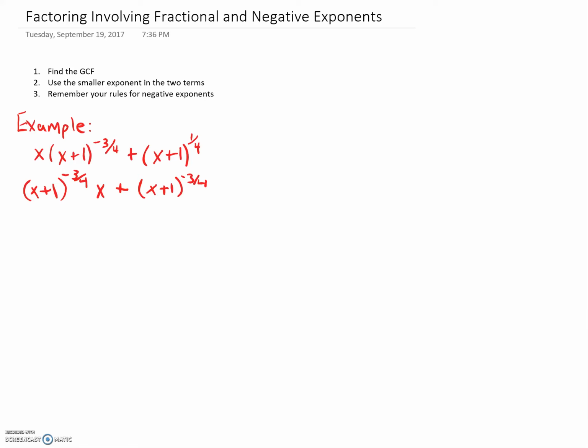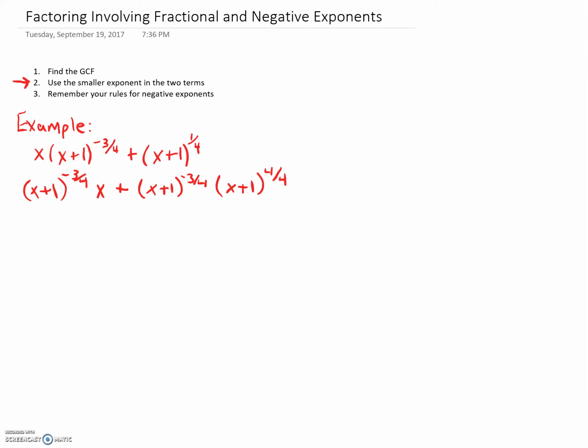Now, to get 1/4 when we multiply these, we will multiply this by x plus 1 to the 4/4. Because if you remember your rules, negative 3/4 plus 4/4 is 1/4. So that is the reason why I say use the smaller exponent in the two terms. The smaller exponent in this case was negative 3/4.